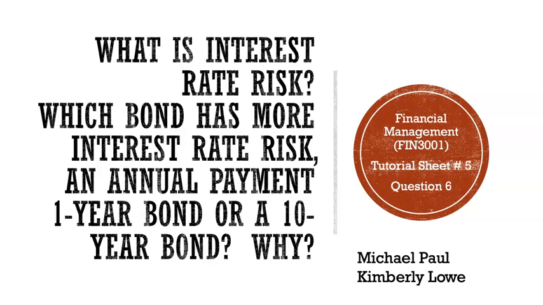Michael Paul and myself, Kimberly Lowe, will be doing number 6 from tutorial sheet 5. The question asks, what is an interest rate risk? Which bond has more interest rate risk, an annual payment 1-year bond or a 10-year bond, and why? An interest rate risk is the probability of a decline in the value of bonds as the interest rate changes.